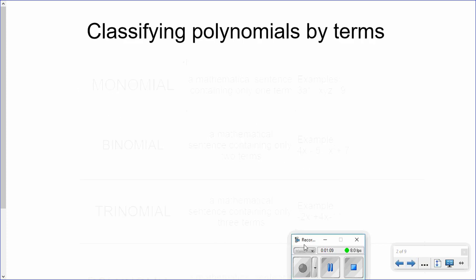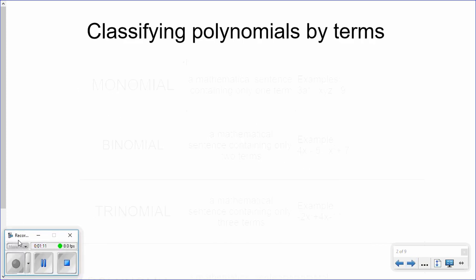Okay, so polynomials, there are different kinds, but generally polynomials are mathematical sentences. So it's math. They are expressions, not equations. Typically, you're going to see polynomials with variables. Could have one variable, could have more than one variable.